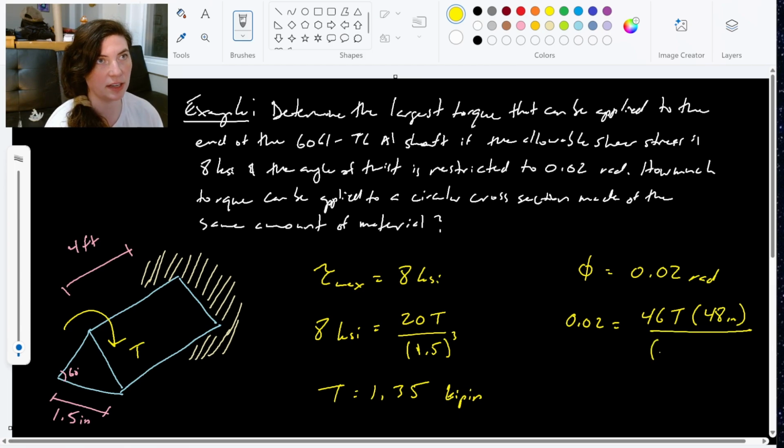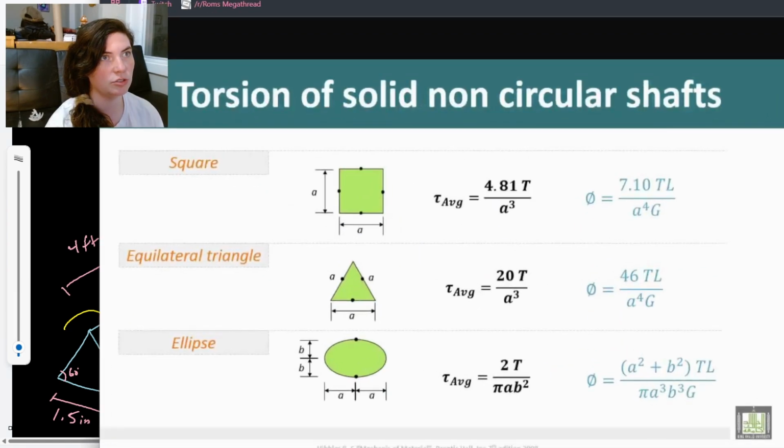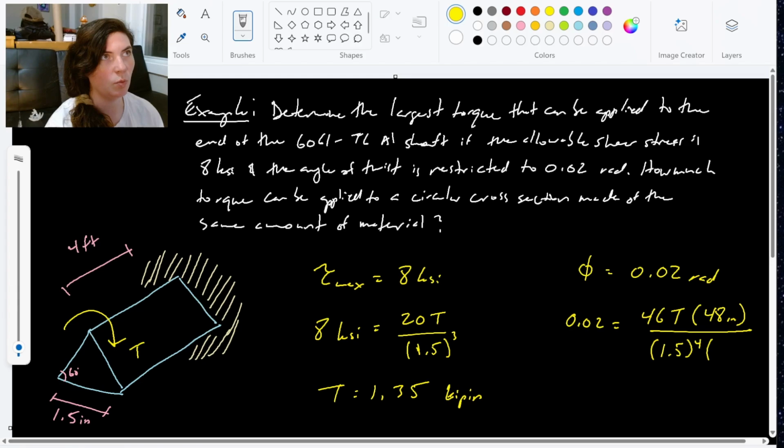Again, a is just the side length of the triangle, 1.5 inches to the fourth, times G, which was not given to us, but it does tell us it's made of 6061 T6 aluminum.